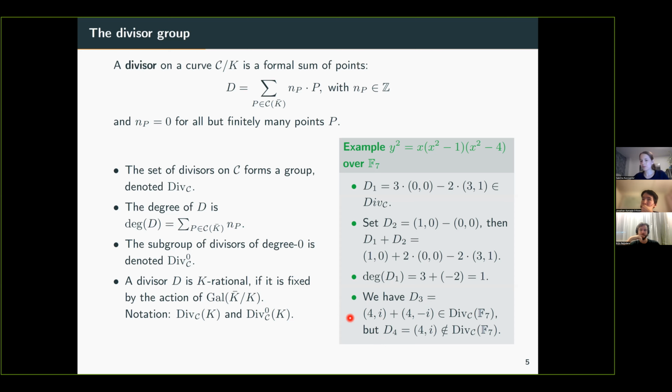Now the Galois group would send i to minus i, and so it swaps these 2 points in the divisor. This means the individual points are not fixed under the action of the Galois group, but the divisor as a divisor is fixed, so it's not changed if the Galois group acts on it. So this would be a k-rational divisor, although the points are not k-rational.